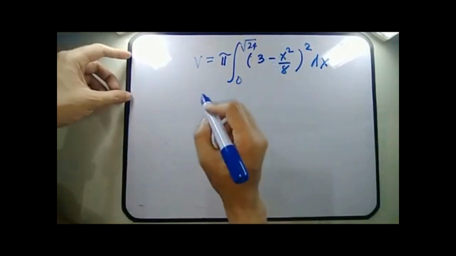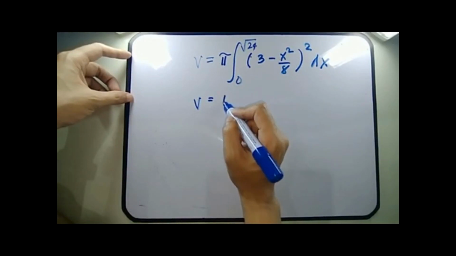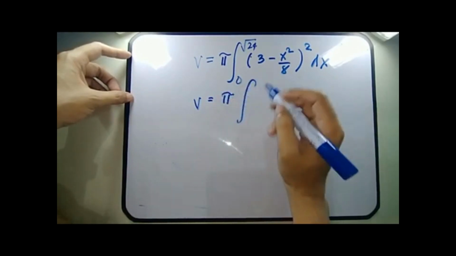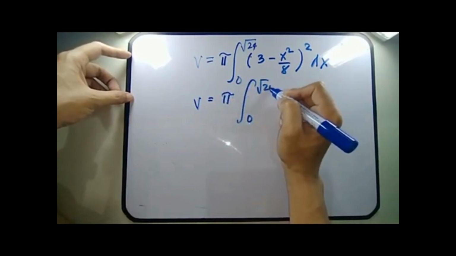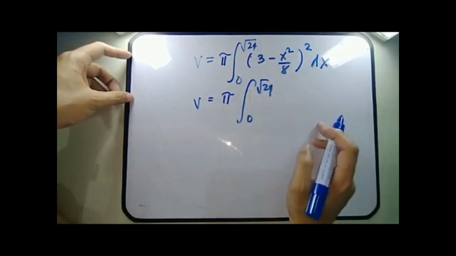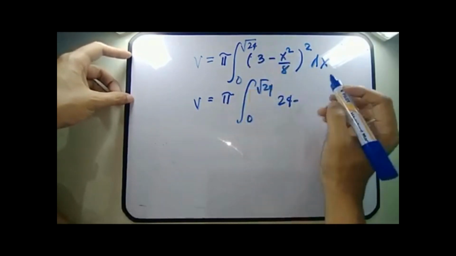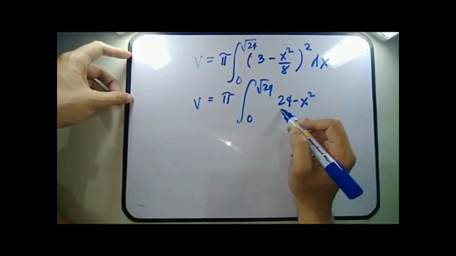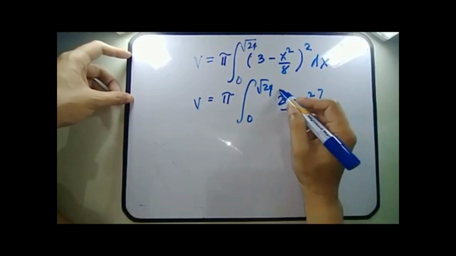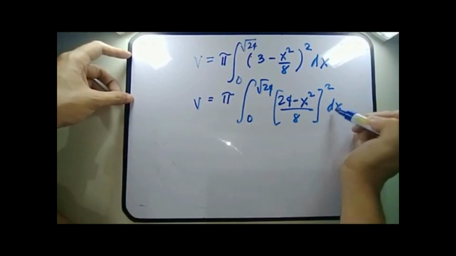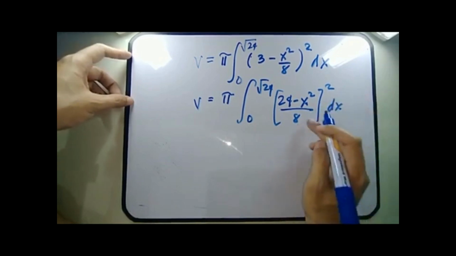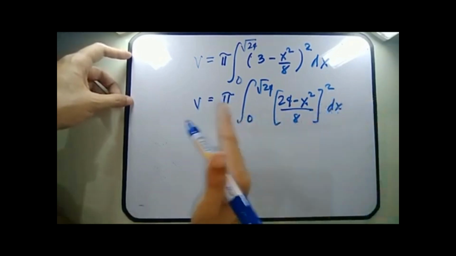So, we expand this. Volume equals pi. Then we multiply that by 8. So, 24 minus x squared all over 8, squared, differential of x. Now the 8 squared, we move it outside.